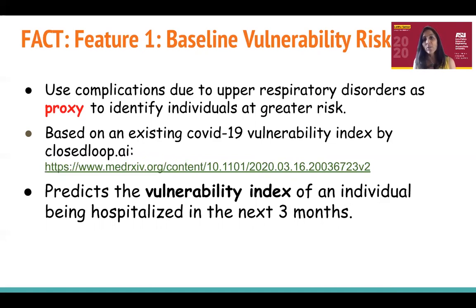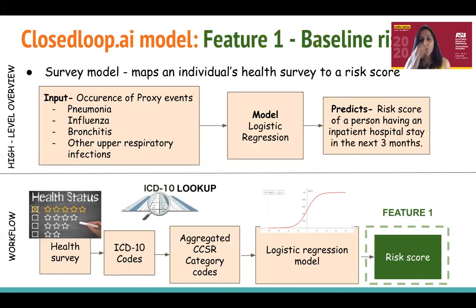The proxy used is those who had complications, and the particular complication was getting hospitalized following an upper respiratory disorder. So they had all this data, and the label was basically hospitalization, and that would be a proxy for COVID risk, high COVID risk. So effectively what the model does is it does a one-time survey.